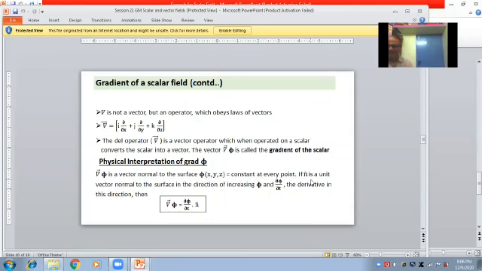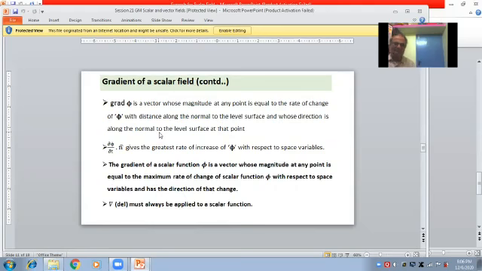And if n is a unit vector normal to the surface in the direction of increasing phi, and dou phi by dou n is the derivative, it is represented in this way. And we'll see the properties of the gradient of the scalar field. This grad phi is a vector whose magnitude at any point is equal to the rate of change of phi with the distance along the normal to the level surface.